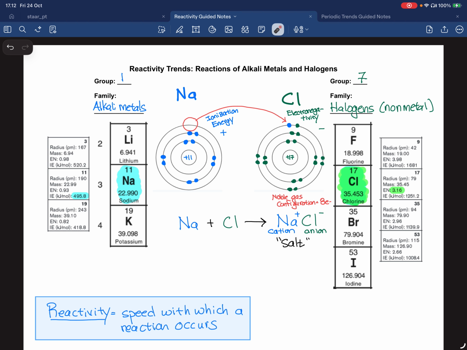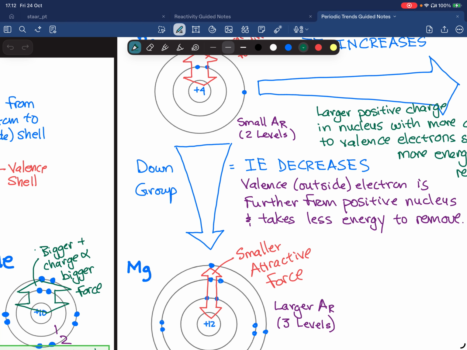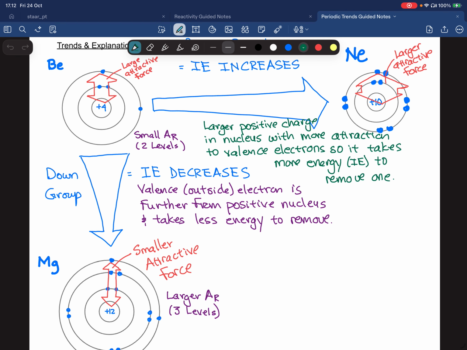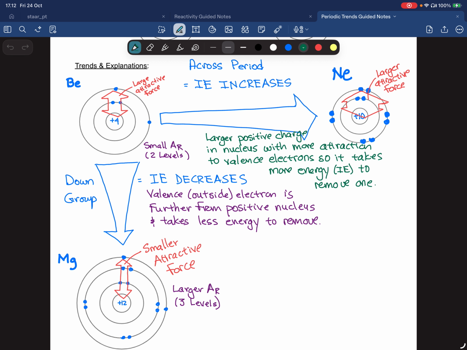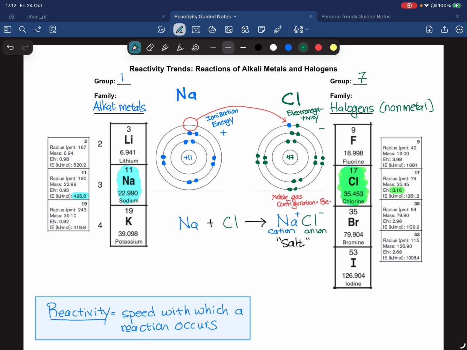Well, you can see that ionization energy is the thing that governs the reaction. The lower the ionization energy, the faster the reaction will occur. Well, we discovered in our atomic guided notes section that the ionization energy decreases down the group.